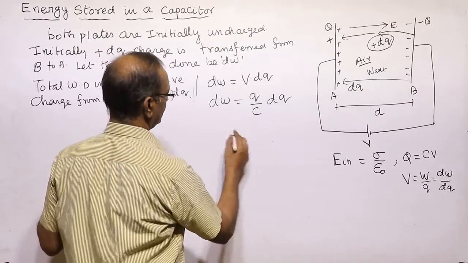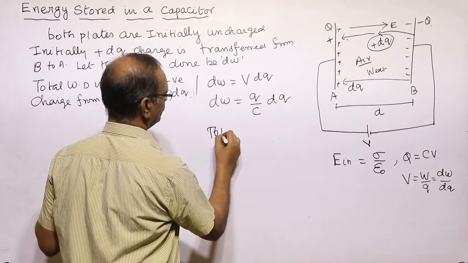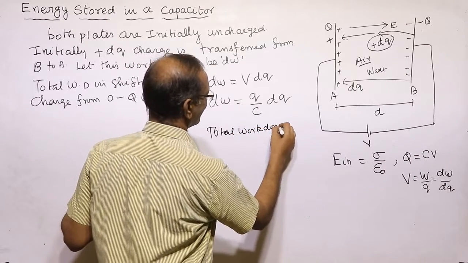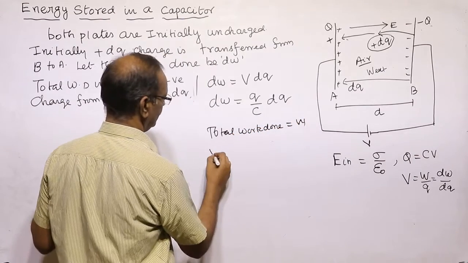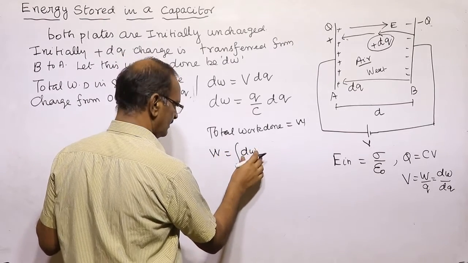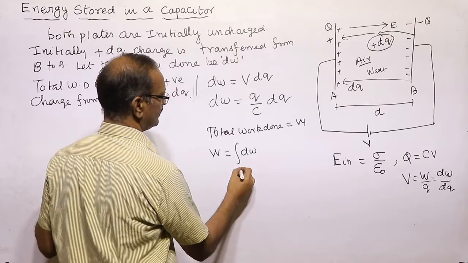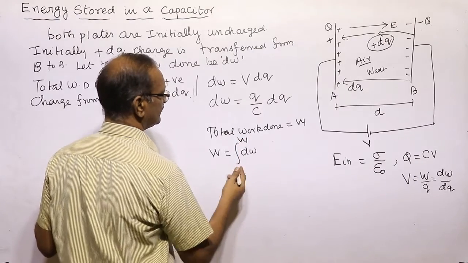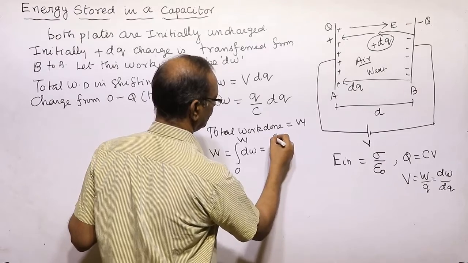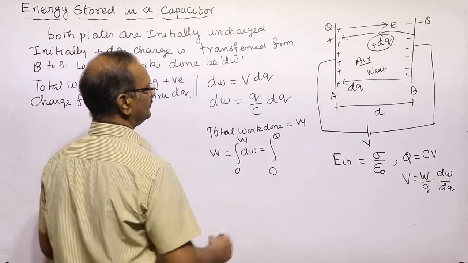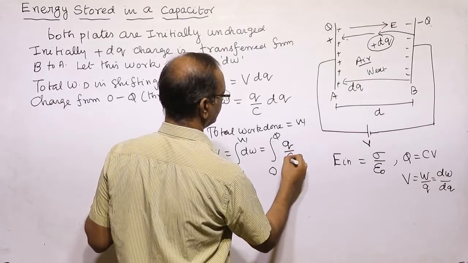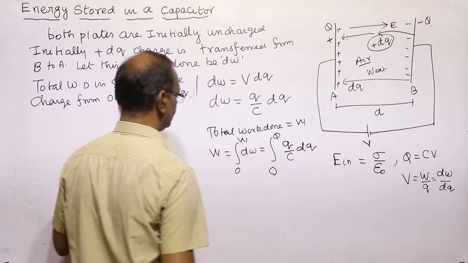Now the total work done is W, equal to the integration, the summation of all the small work, from 0 to W. That is the integration of charge from 0 to Q of Q by C into dQ.